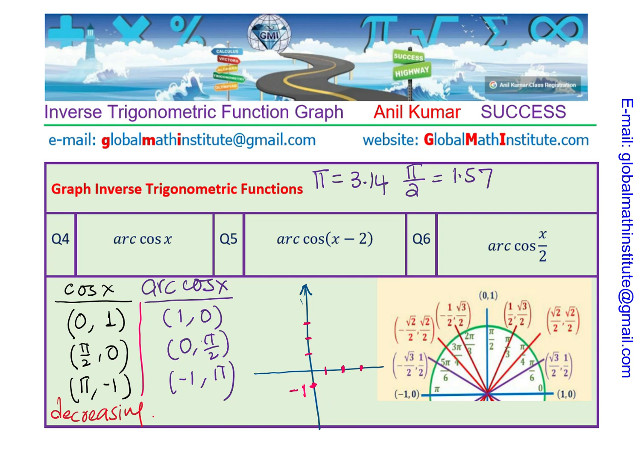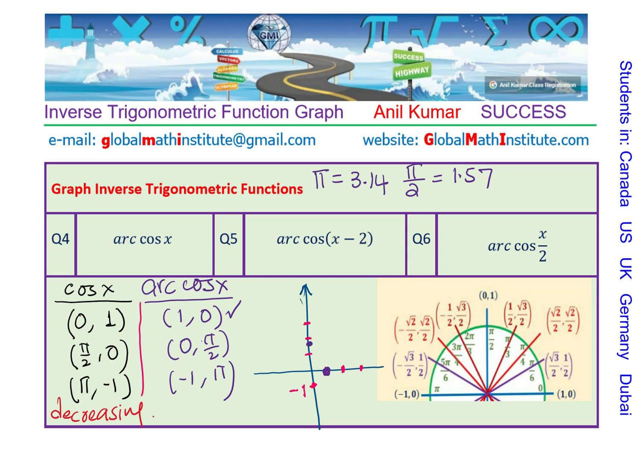Now, as you know, pi is 3.14 and pi by 2 is 1.57. So at 1, we have a 0. So the first point for the cosine inverse will be right there, right? So we have taken up this point, which is at 1 we have 0. Now at 0, we have pi by 2. Pi by 2 is 1.57, right?